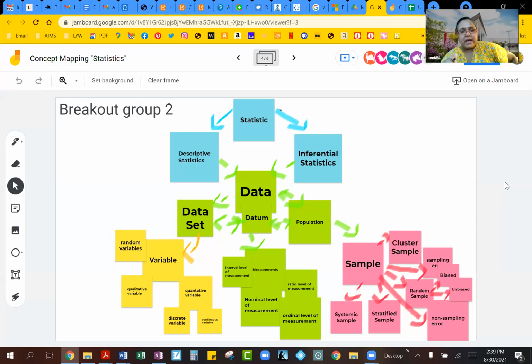And again, kind of what I said to the first group, you guys should think of how you can connect the different variables with the levels of measurement, with the different sampling techniques, because it's really nice, and I really like the color coding you guys did here. But I would think about a bigger picture of how these can also be connected with each other. But again, great job, guys, done very nicely.